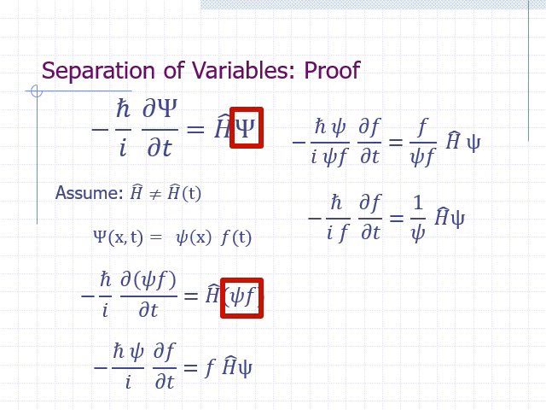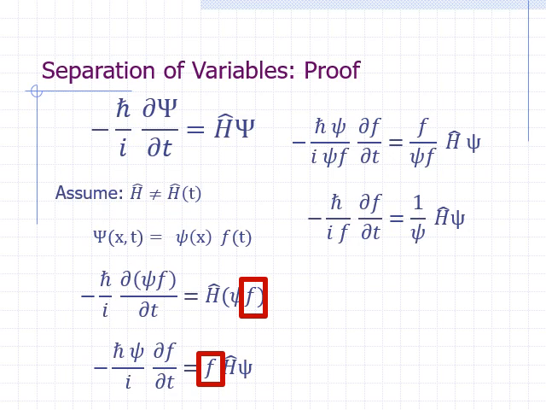Since lowercase psi does not depend on time, we can treat it as a constant when we take the partial derivative with respect to time. So we can pull it out of the derivative. Similarly, since the Hamiltonian operator has no effect on time, we can treat f as a constant here and pull it out of the operator. Remember that the Hamiltonian operator is a linear operator, so we can do this.